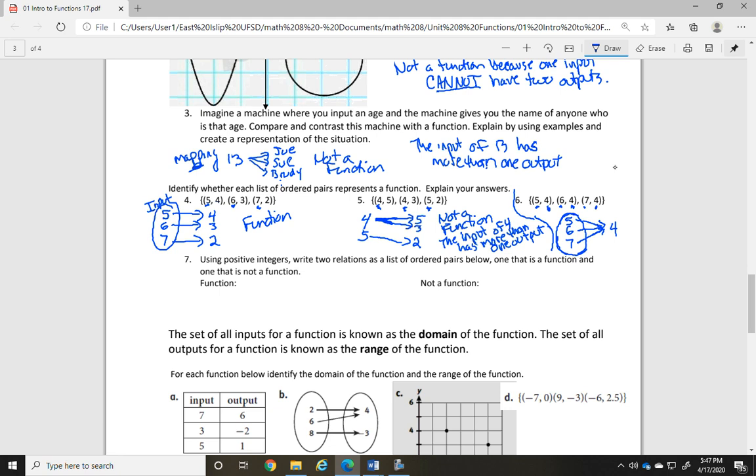I don't care where the arrow points to. If each input only has one arrow coming out of it, it is a function. I'm going to say each input has only one output, has one and only one output.